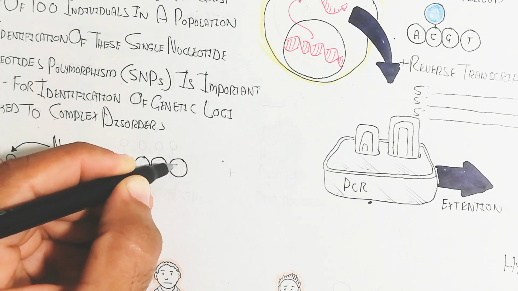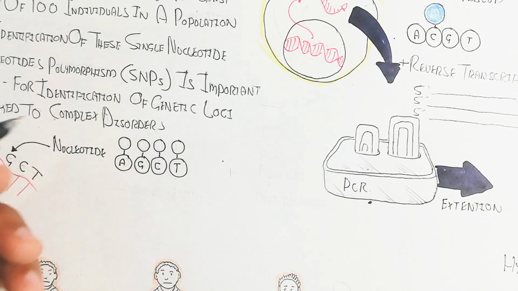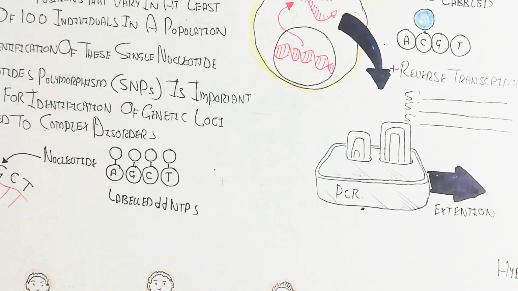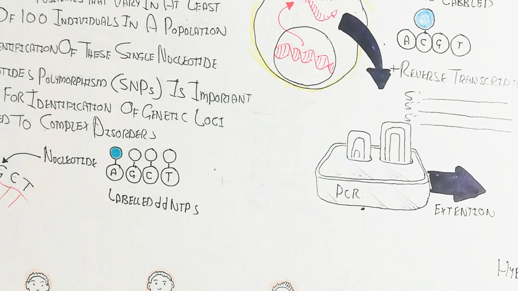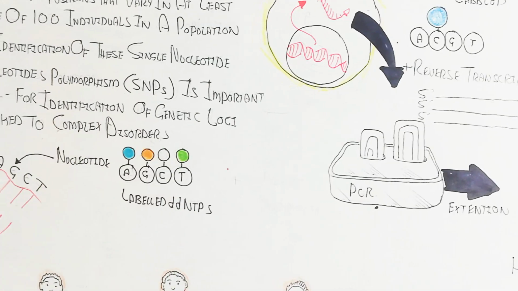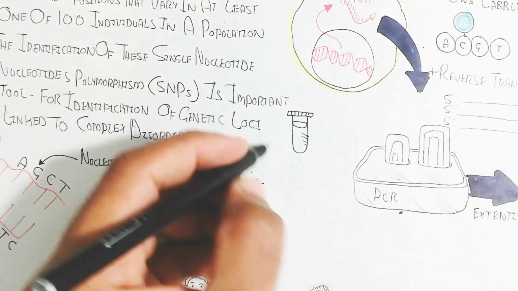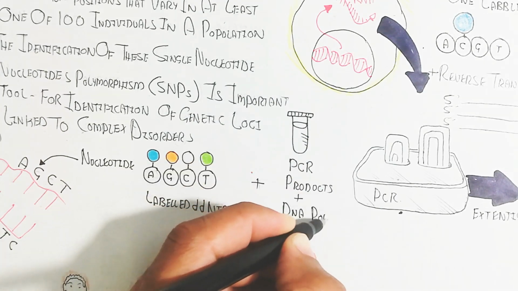On the other hand, here is a different method in which the labeled dideoxynucleotides adenine, guanine, cytosine, thymine, are labeled with different colors. For example, four colors: blue, orange, white, and this is the green.